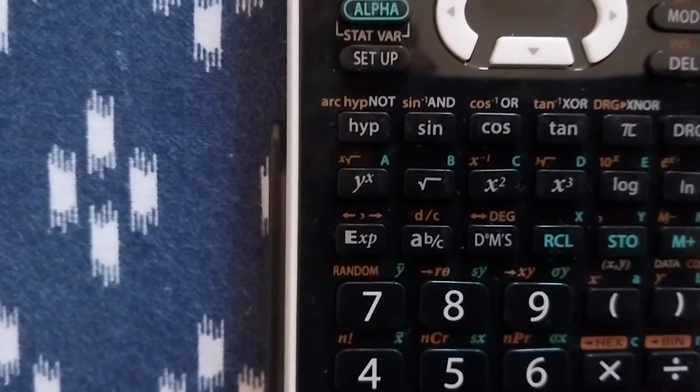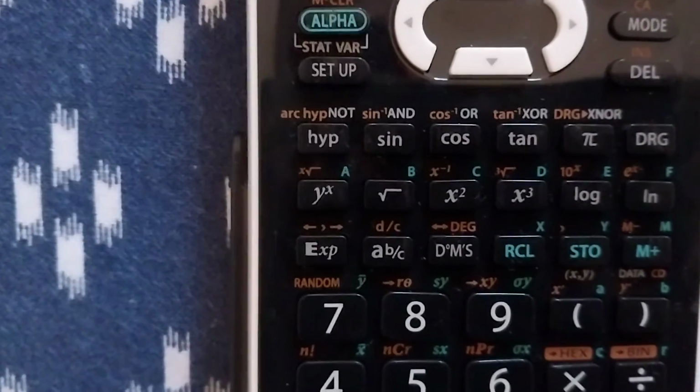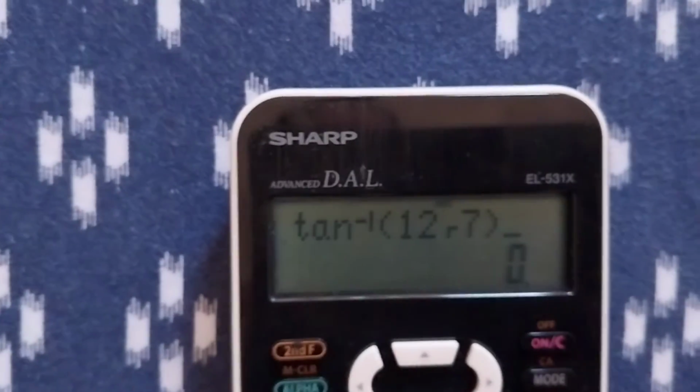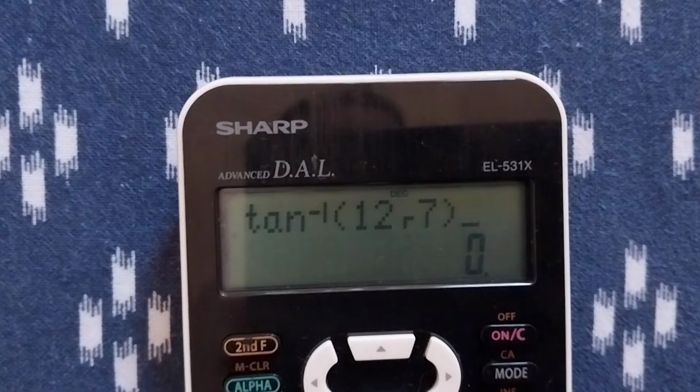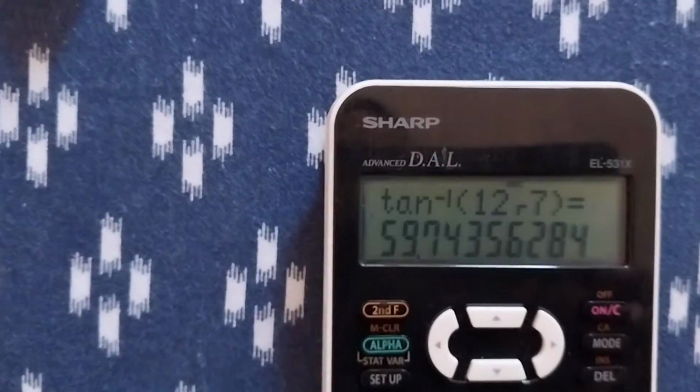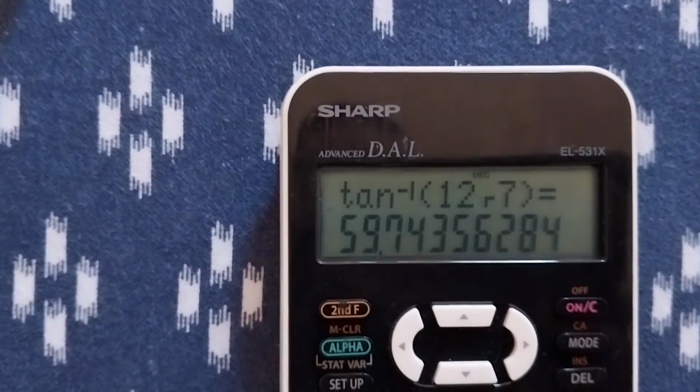That's the fraction key next to exp a b c. So 12 over 7, close bracket. So tangent inverse of the fraction 12 over 7. Let's see if we get the same answer. Just need to press equal. Yes, 59.743.